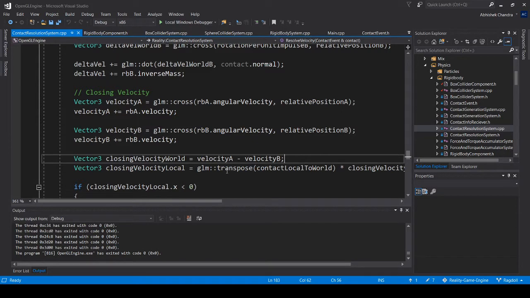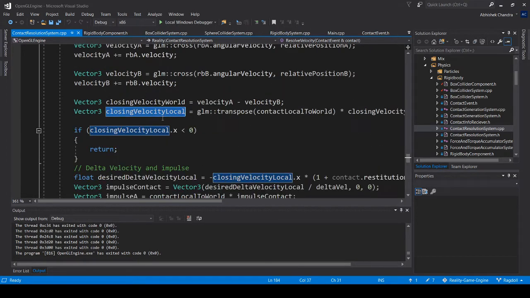So whenever we calculate something in world coordinates, we do have to make sure we calculate it in the local coordinates, the coordinates in which you're checking. And in that local coordinate, we now know that the incoming velocity is its component along the normal, and the normal is the x-axis. So its component along the normal actually becomes really straightforward. It is the x component of this incoming velocity, or this closing velocity.